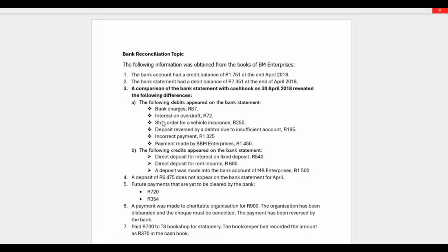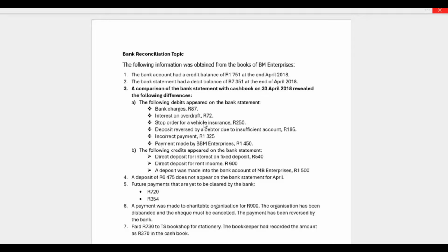And then we've got interest on overdraft, 72 rand. Interest on overdraft is also a payment that appeared on the bank statement but did not appear on the bank account. Then we need to make sure that we record that payment in the bank account. It appeared on the bank statement but did not appear on the bank account or cash book.